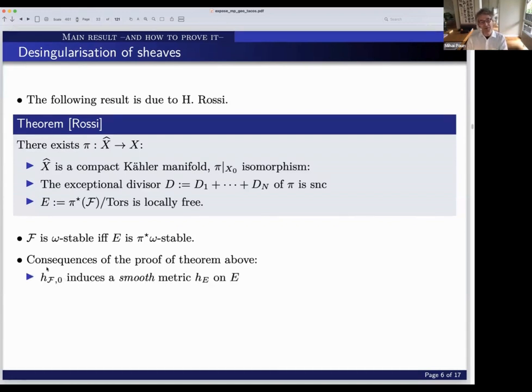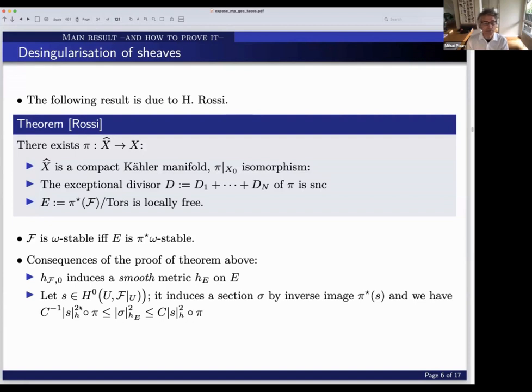The metric that I mentioned before induces actually a smooth metric on this bundle E, meaning that if you look at the way the theorem of Rossi is proved and how this space X hat is constructed, well, the pullback of the metric that we have somehow extends smoothly and gives a metric on E, exactly as the bundle E itself can be seen as the extension of the vector bundle F on X0.